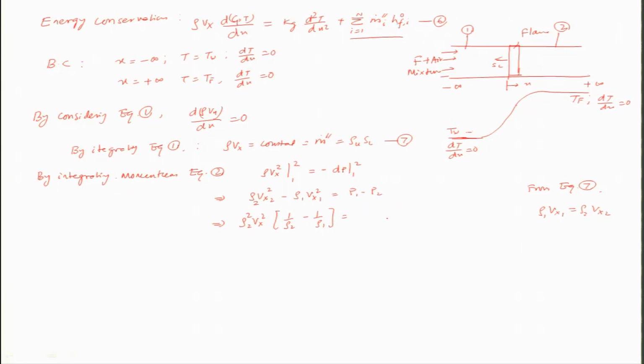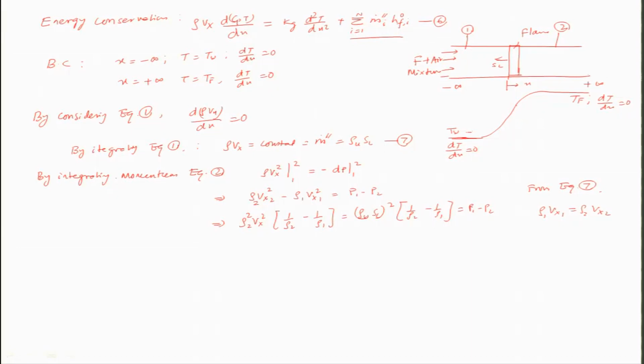Or I can write this as rho u SL whole square into 1 by rho 2 minus 1 by rho 1 is equal to P1 minus P2. We will substitute some values.